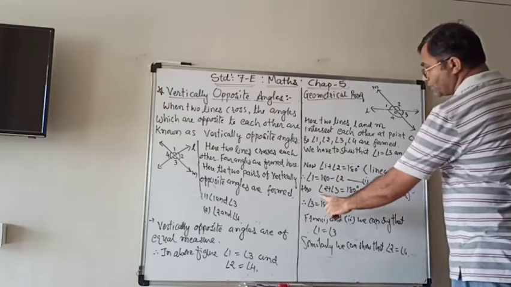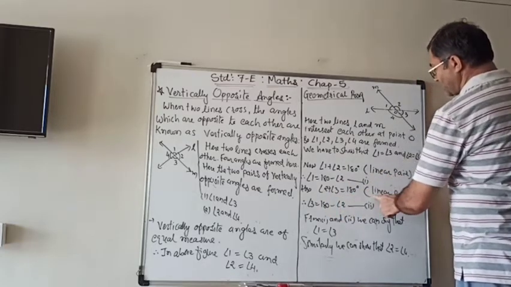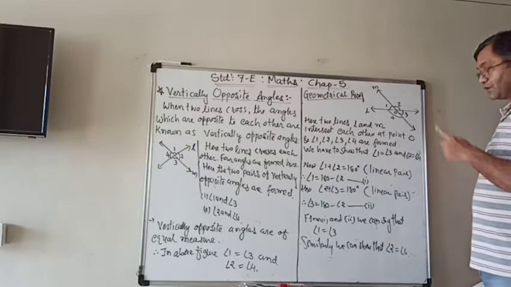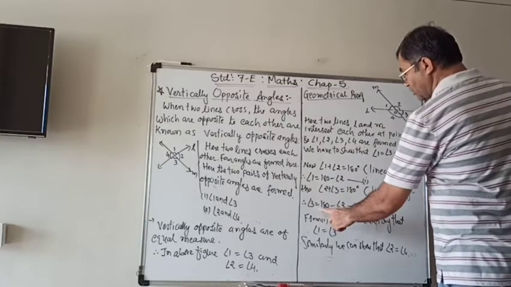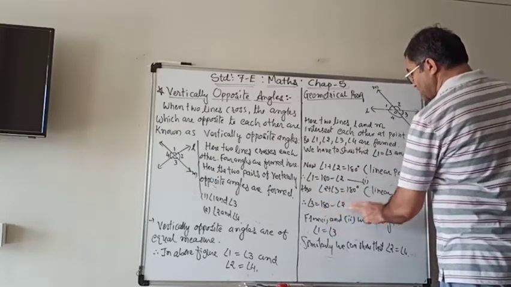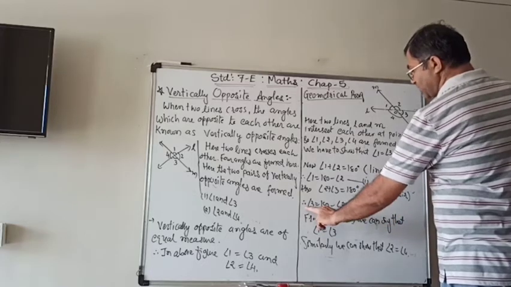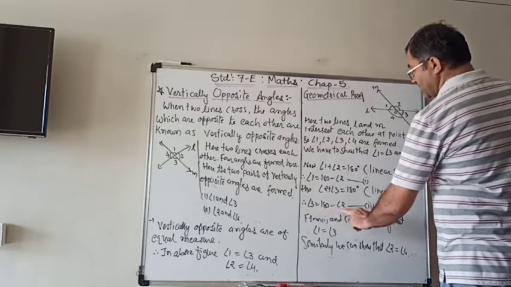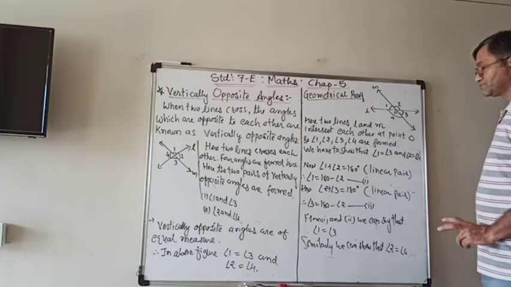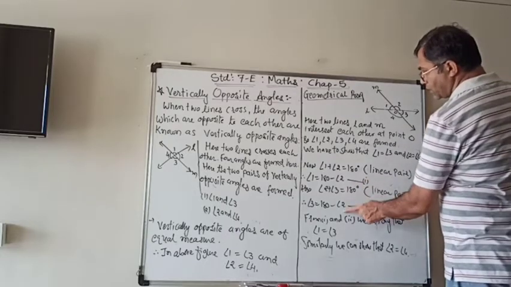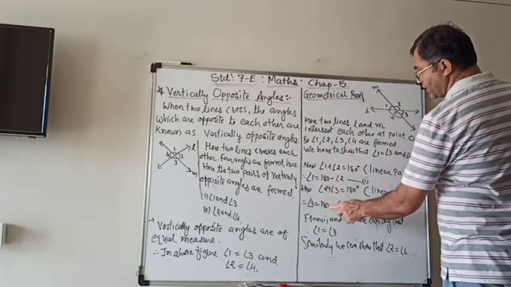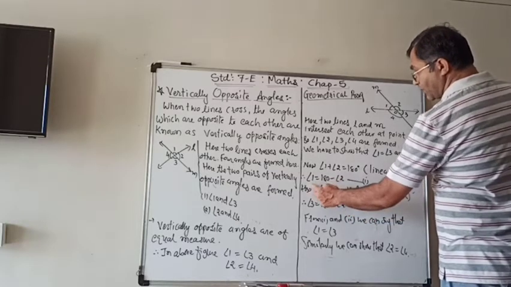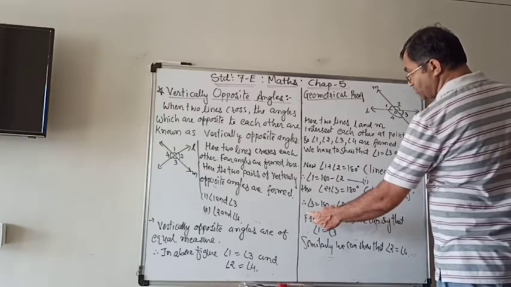So angle 2 plus angle 3 is also 180. Angle 2 goes to this side and becomes minus, so angle 3 is equal to 180 minus angle 2. Now if you observe both, 180 minus angle 2 is equal to angle 1 and also equal to angle 3.